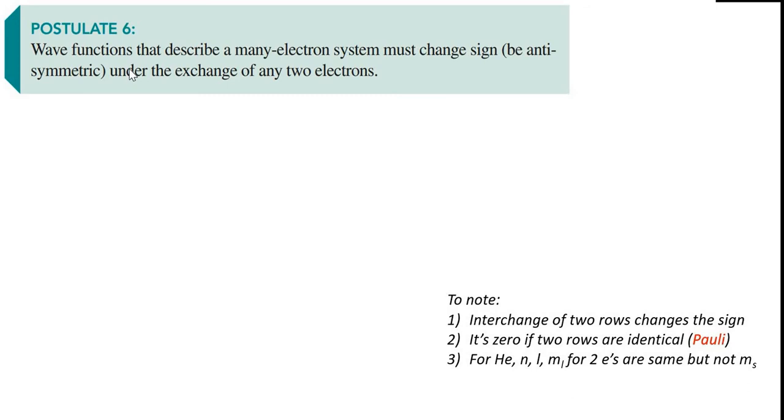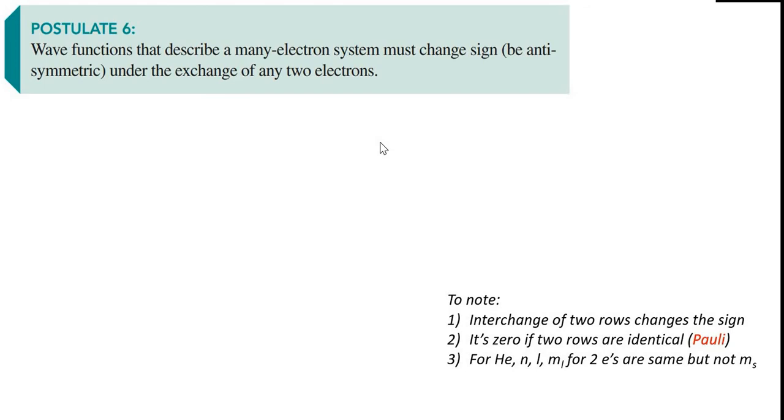Wave functions that describe a many electron system must change sign; we call it antisymmetric under the exchange of any two electrons. The very wording of this postulate is quite different: antisymmetric, exchange of electrons, changing sign, many electron system. All are very new concepts.